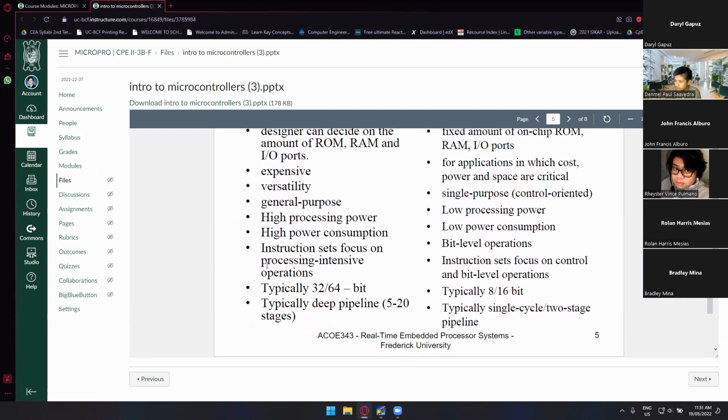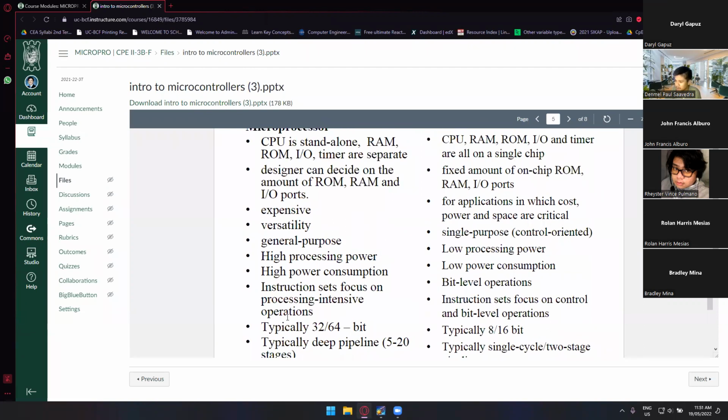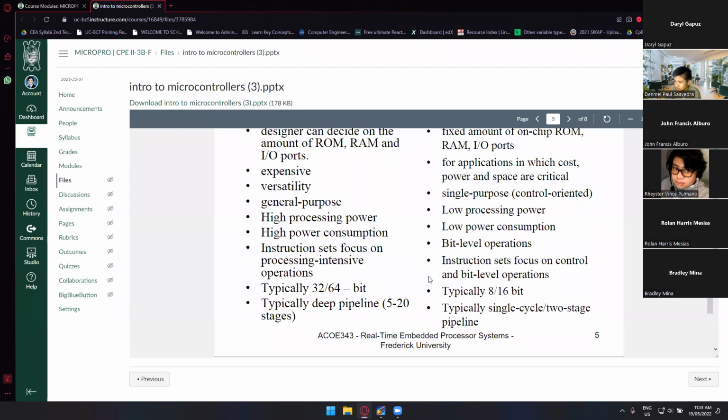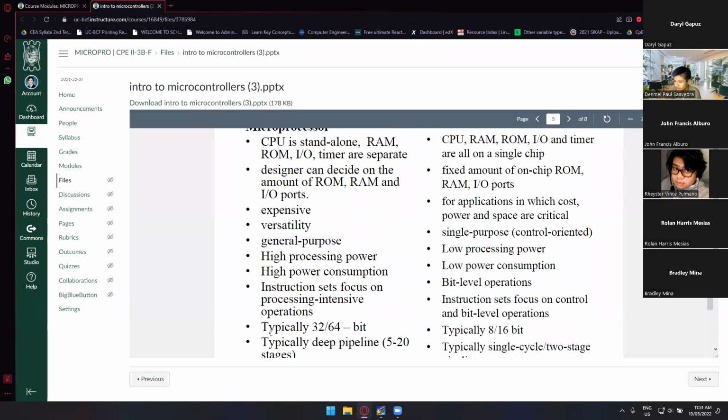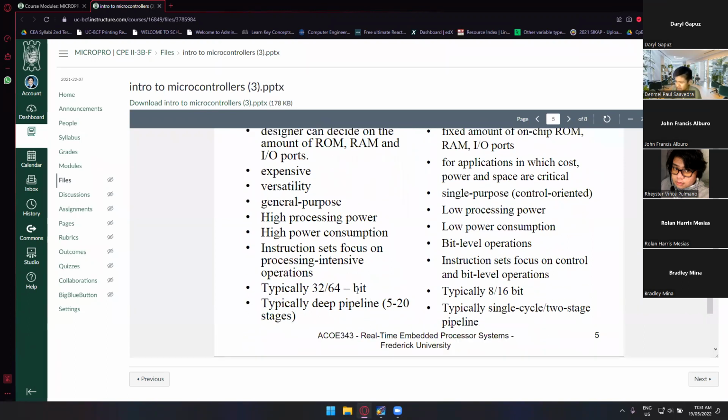Oops, sorry, there is more information about microprocessor and microcontroller. So let's start with this one first. This one is typically 32 or 64 bit. Pretty sure you guys are already familiar with this. We have 32-bit operating system and 64-bit operating system. And typically a deep pipeline from 5 to 20 stages.